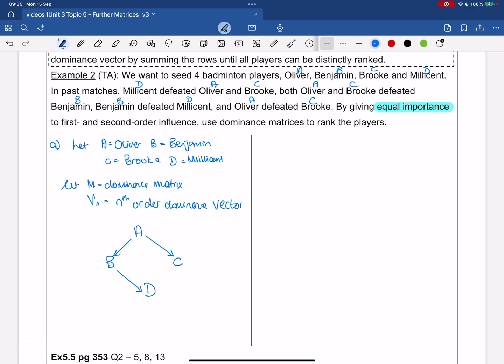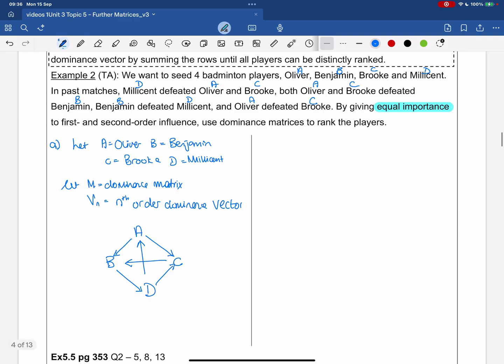She defeated Oliver and Brooke. So D defeated Oliver and Brooke. And Brooke, who did Brooke defeat? Brooke only defeated Benjamin. Okay, so there's our little digraph saying who defeated who.